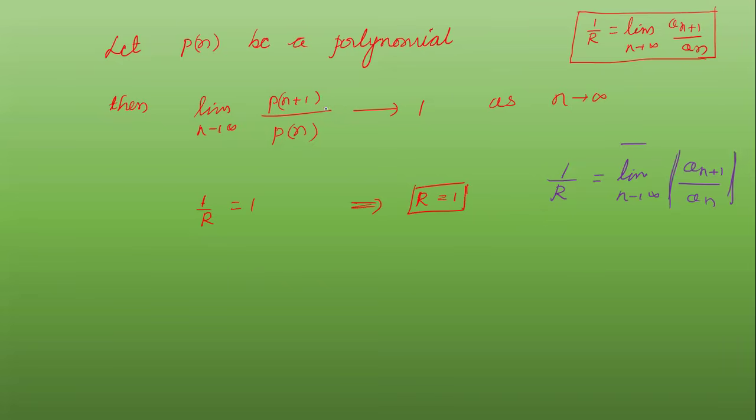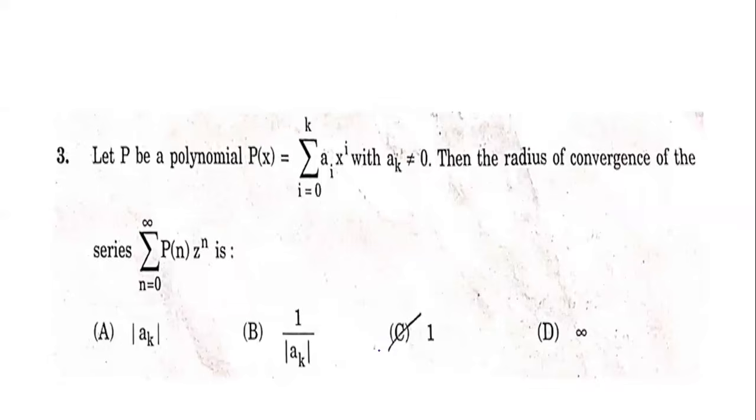Now, a_(n+1) by a_n is P of n plus 1 divided by P of n, which tends to 1 as n tends to infinity. Therefore, 1 by r is equal to 1. Here r is equal to 1. Where is the option? Option C is the right answer.